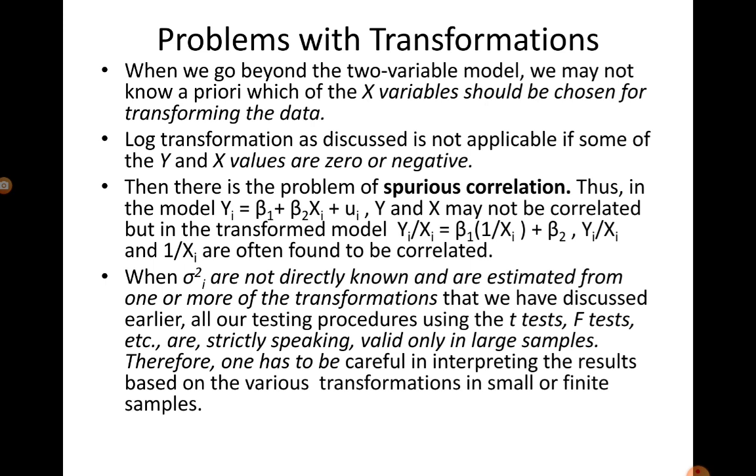So again, with this problem of heteroscedasticity, some econometricians feel that it is only if the problem is very severe that you need to tamper with the data and make transformations of the original model. Different econometricians have different opinions about that.